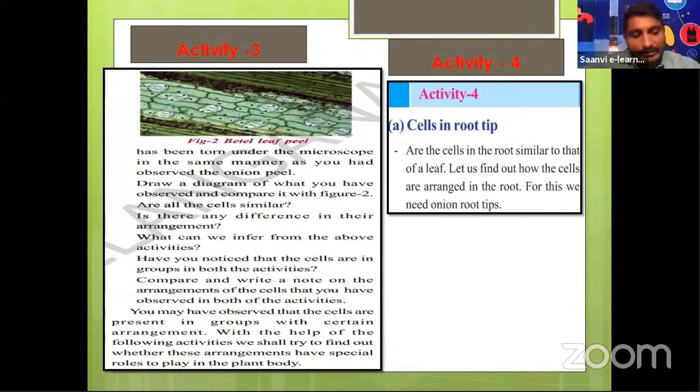S-T-O-M-A-T-A. See here, stomata are surrounded by bean-shaped cells.